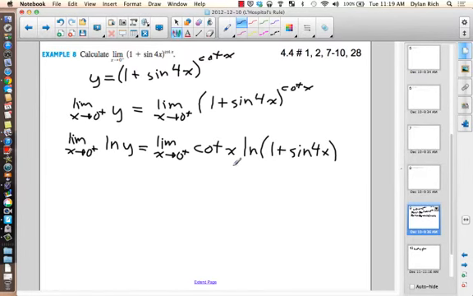We've got multiplication going on. 0 times any finite number is 0. A large number times any other number besides 0 is a large number. So we've got a fight going on between these two functions. We can do natural log over tangent, and that would be the same thing.